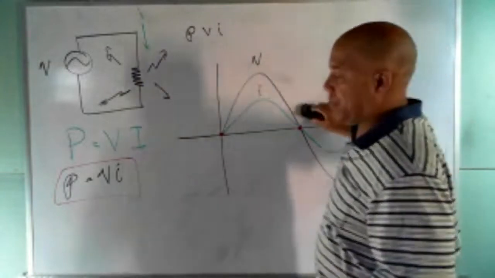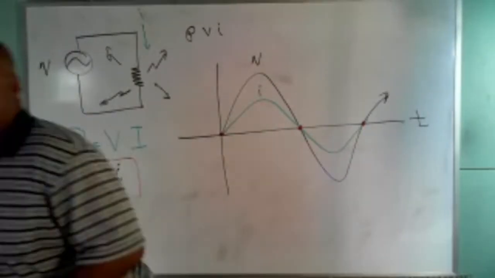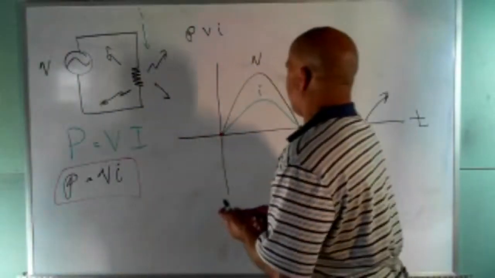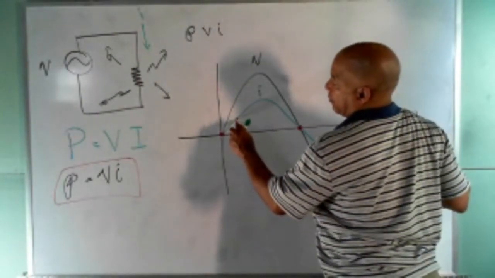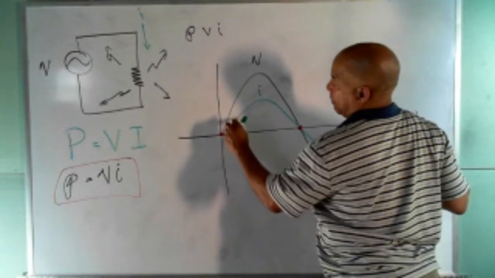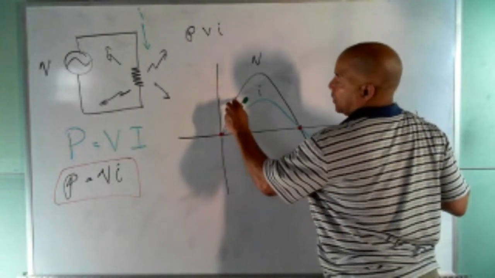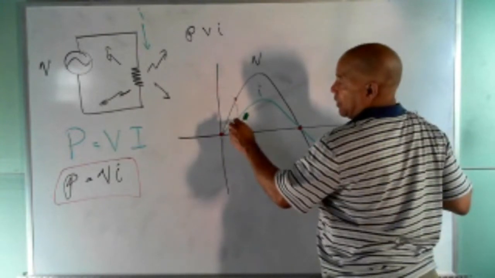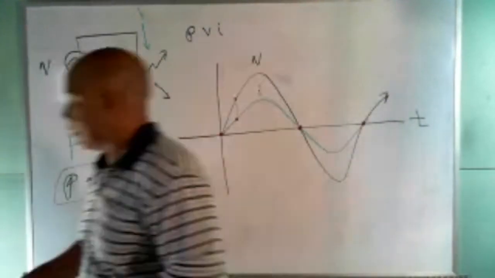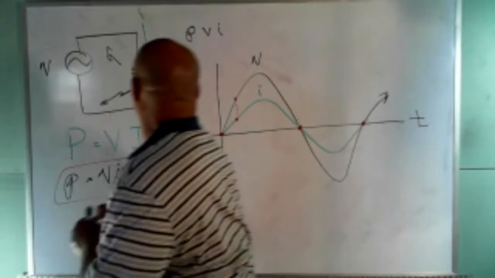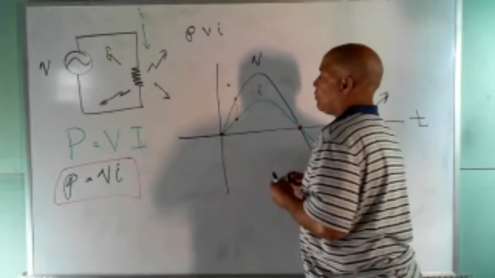And what I would do is multiply on the graph point by point. So let's say I take a number here. I take that current and multiply by that voltage value. If I take this positive number times that positive number, I get another positive number up here.